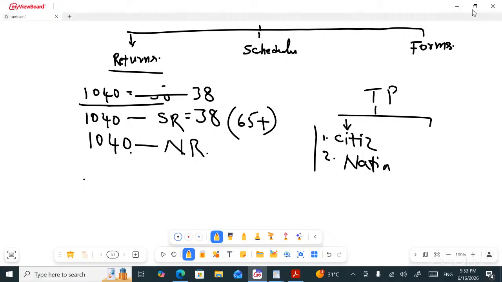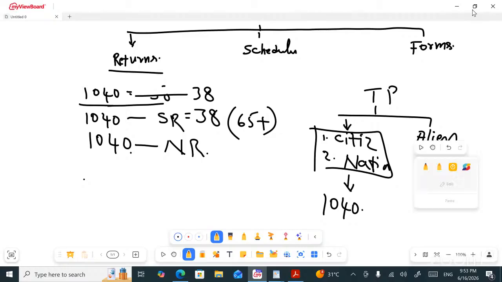No doubt, these people are responsible to file the main form 1040. Other than citizens and nationals, they are technically called aliens. Aliens are basically divided into two types: resident aliens and non-resident aliens.